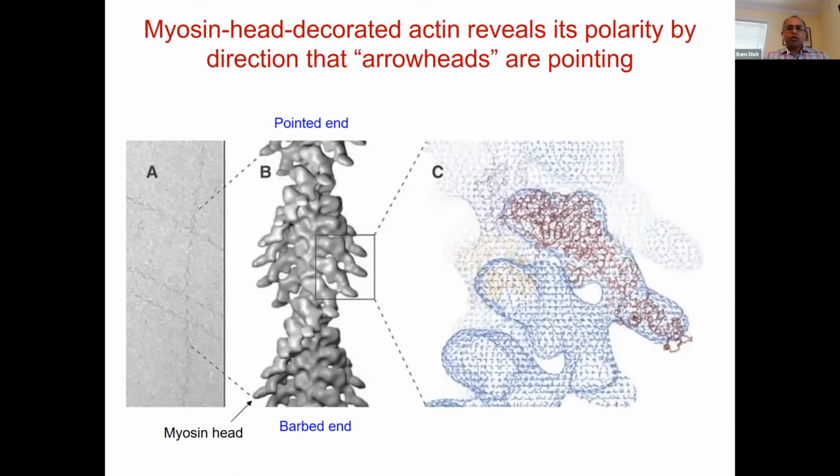So here's some experimental evidence for that, and actually the basis for this pointed end and barbed end terminology has to do with using the motor domain of myosin, skeletal muscle myosin 2, which binds to the actin filament as part of the sarcomere contraction process in muscles.